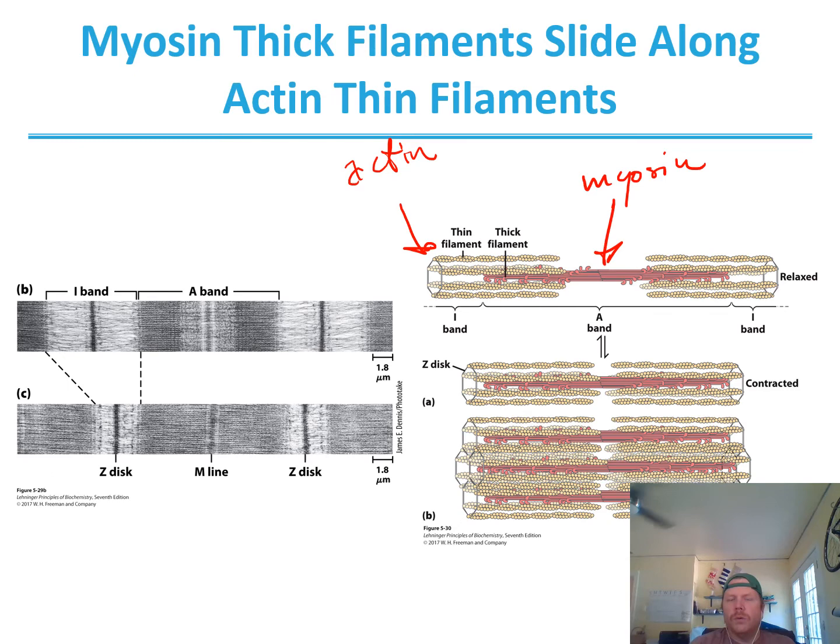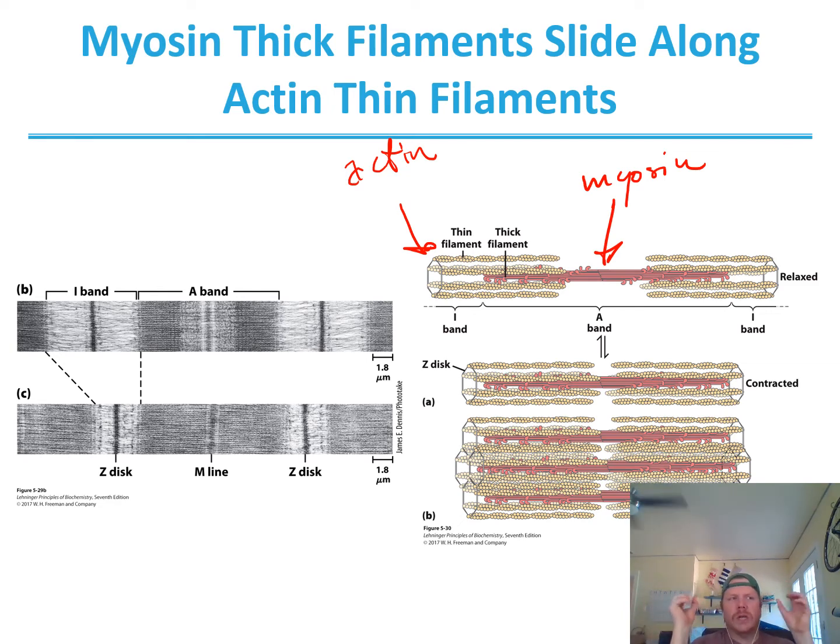All of those myosin head groups had almost little hooks, which could latch onto and subsequently release from the other protein, actin. So myosin has those head groups that interact with the actin filaments.